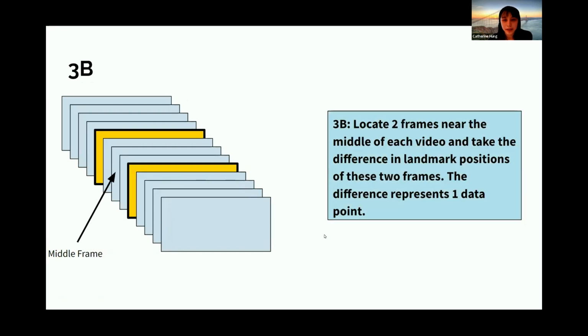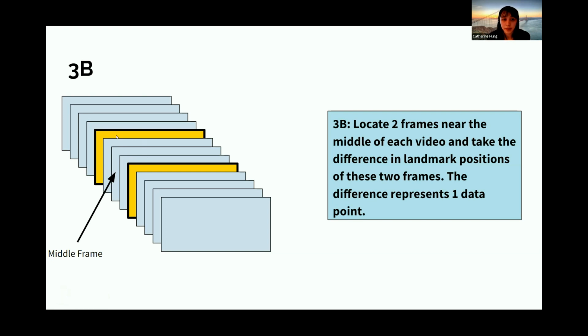For my second method, instead of just doing 1 frame, the middle frame, I located 2 frames, which are in yellow, near the middle of each video. And I took the difference in landmark positions of these 2 frames. The reason I did this is because I wanted to track the smoothness and continuity.